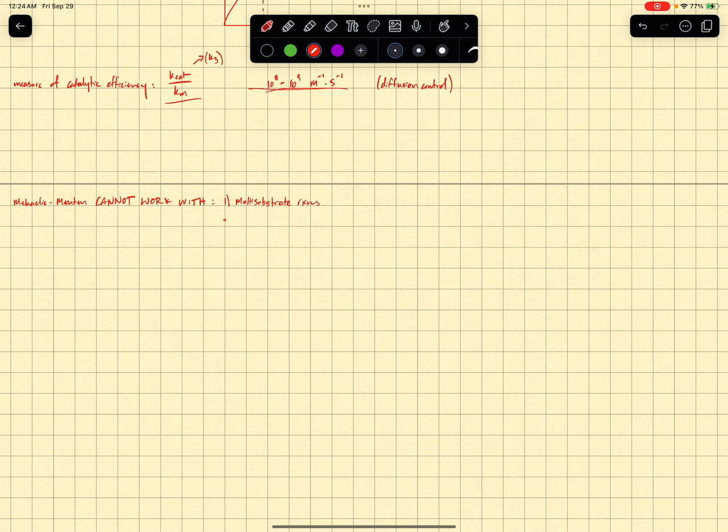Number two, multi-step reactions. And number three, non-hyperbolic reactions. So these are things that are like allosteric, cooperative things. Like hemoglobin, you're never going to be asked a question about hemoglobin in the context of a Michaelis-Menten equation because it won't work.